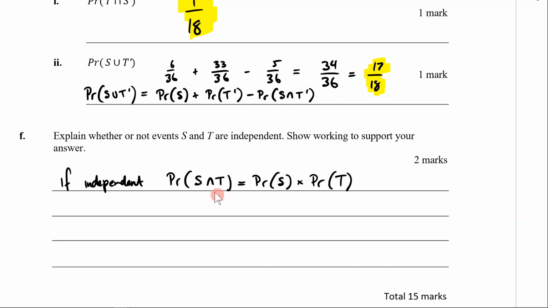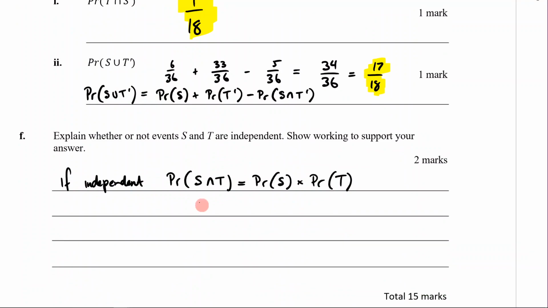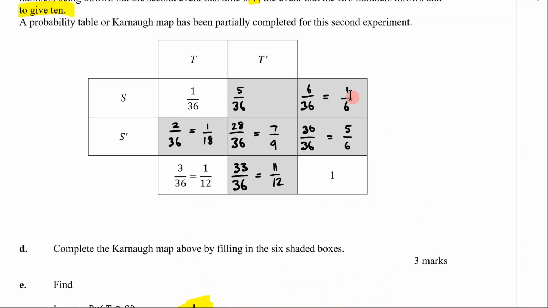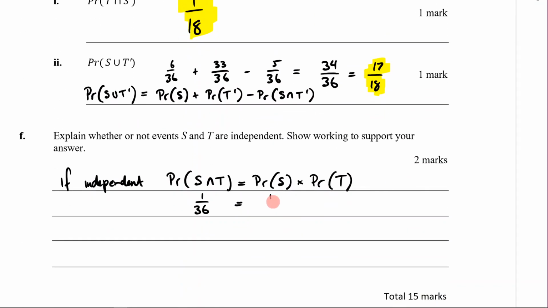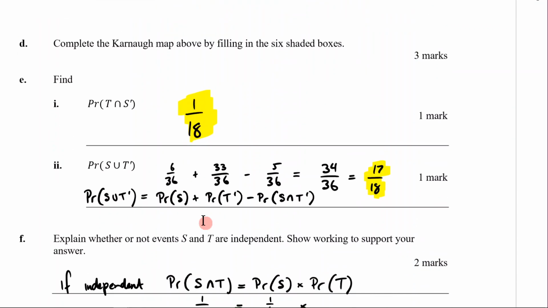I know S intersection of T. So S intersection of T will be 1 on 36. The probability of S will be 1 on 6. And the probability of T will be 1 on 12.